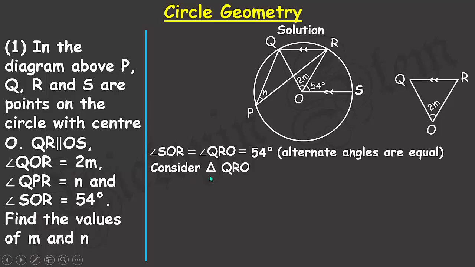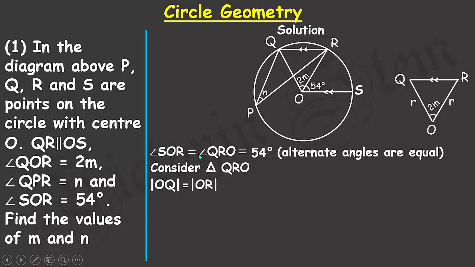Now, the next thing to do is to consider the triangle QRO, and look at it over here. Considering triangle QRO, what can I infer from there? I can say OQ is equal to the radius, and OR is also equal to the radius. Why did I say so?